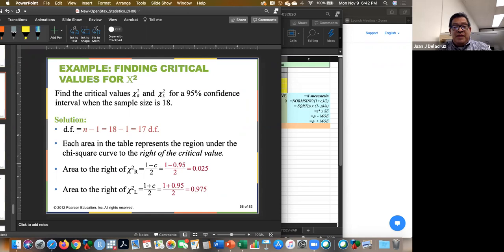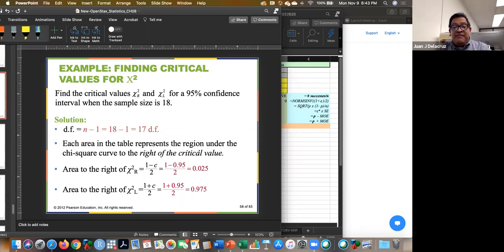So if this is 1 minus 0.95, this is going to be 0.05 divided by 2, which is 0.025, right? The area to the right of the chi-square left is going to be 1 plus c divided by 2. So we are going to use this formula, 1 plus the confidence level divided by 2.